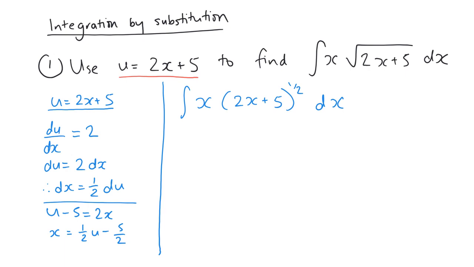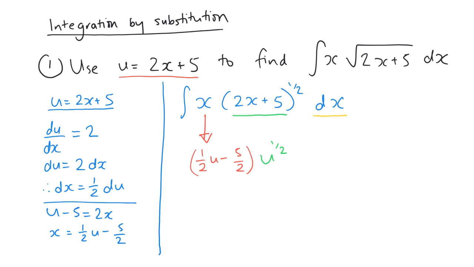So x we can write as a half u minus 5 over 2. This 2x plus 5 to the power of a half we can write as u to the power of a half.